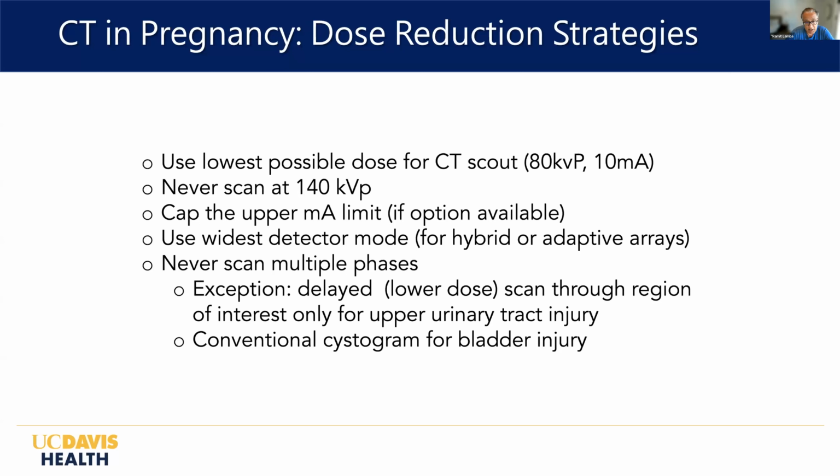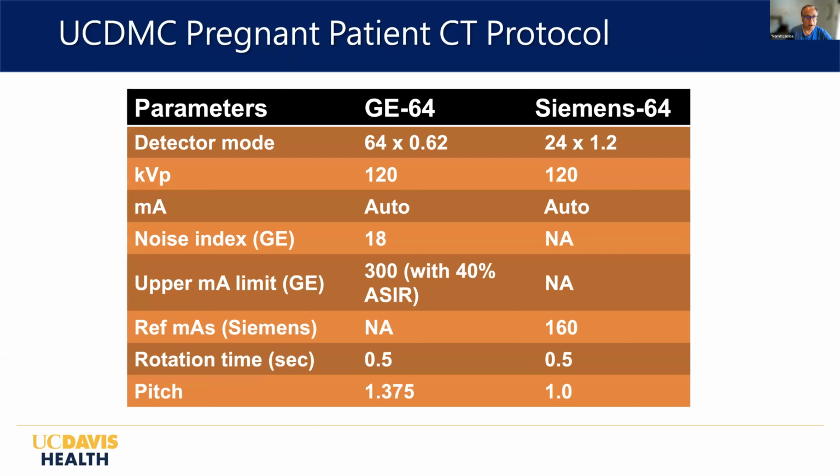I use the widest detector mode that's available, and never scan multiple phases. The exception is that we may rarely do a delayed low dose through the region of interest, only if there's a suspicion of upper urinary tract injury. We would not do a CT cystogram on these patients. We would prefer a conventional cystogram, so no multi-phase scanning for pregnant patients.